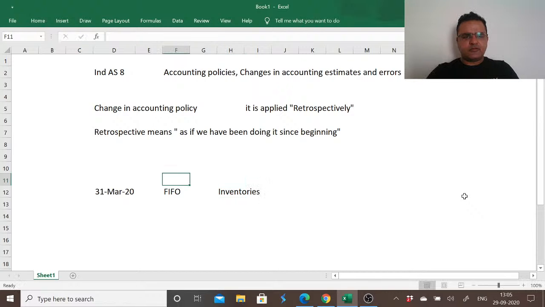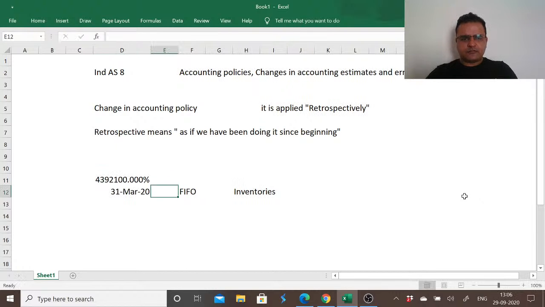So last year financials were also presented the same way. Last year, 31st March 19, it was also done on FIFO basis, the valuation of inventories.